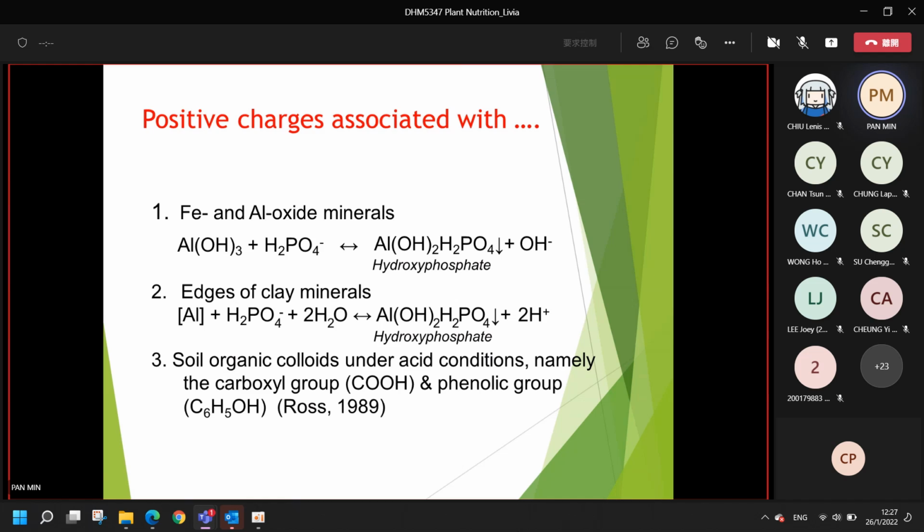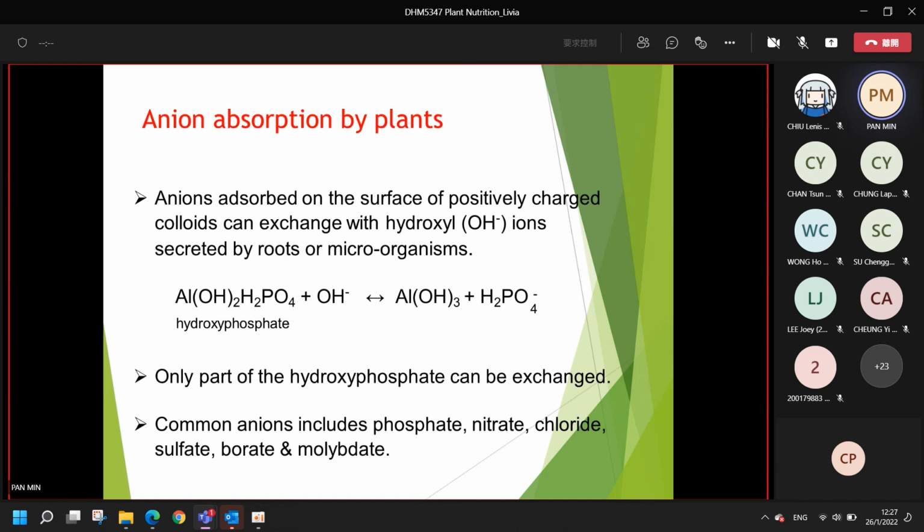And the soil organic colloids under acid conditions, namely the carboxyl groups and phenolic groups, will also affect the anion forms of these nutrient ions and the anion absorption by the plants.